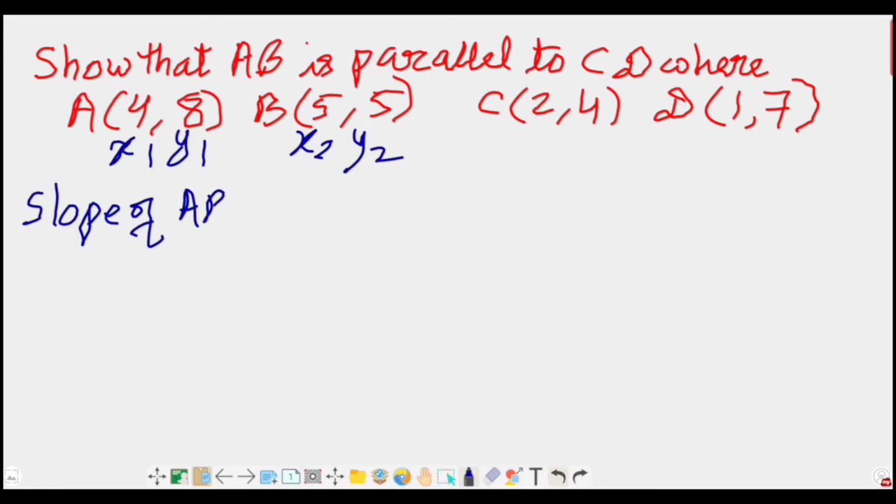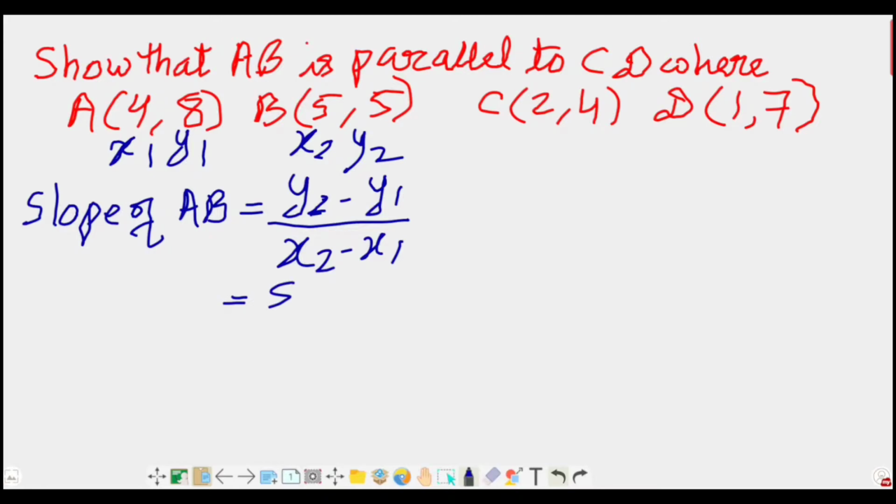You know the formula of slope. In the first part we have done, that is y2 minus y1 upon x2 minus x1. Now what is it? 5 minus 8 upon 5 minus 4. So it will be minus 3 by 1. So that is equal to minus 3.